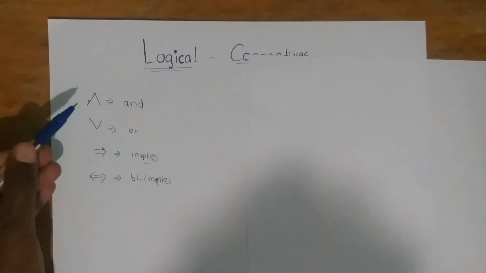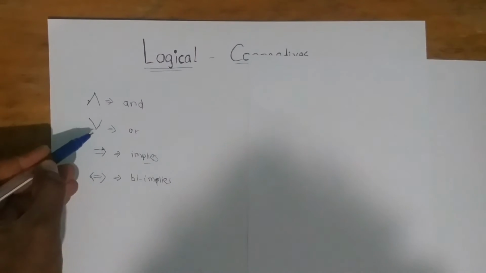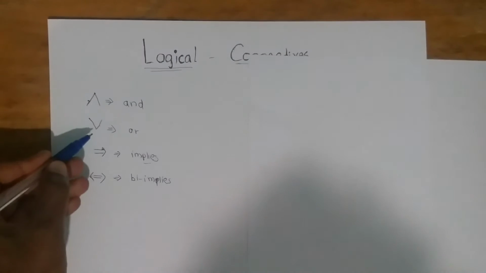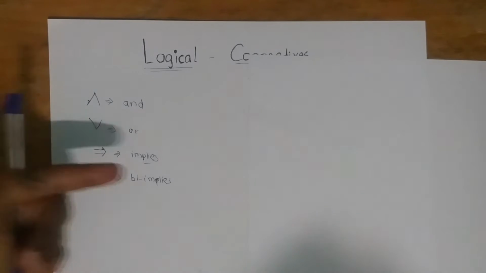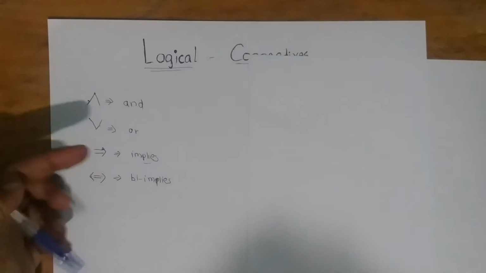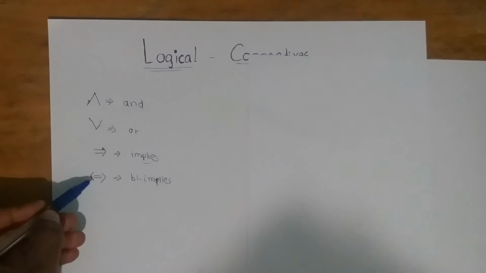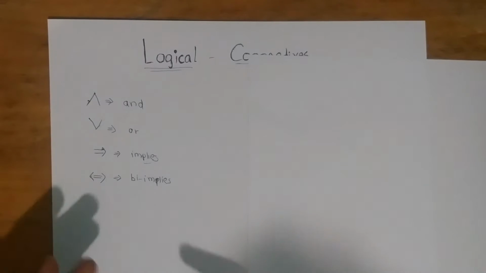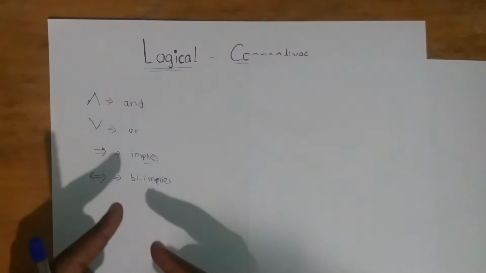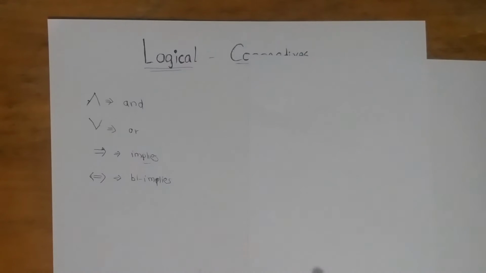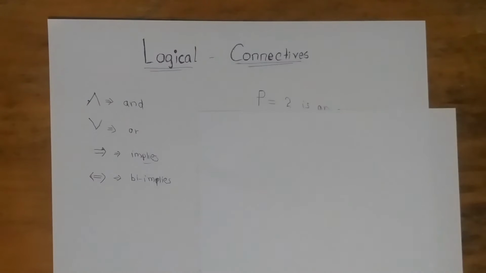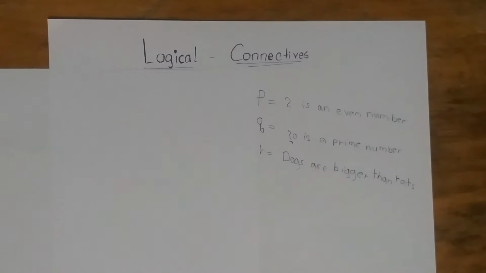The V kind of sign represents or, and an arrow pointing in the right direction is called the implies, and this one that has two arrows is called the by-implies. So if you know this, let's dive right into the questions.